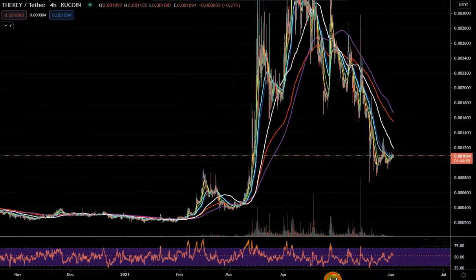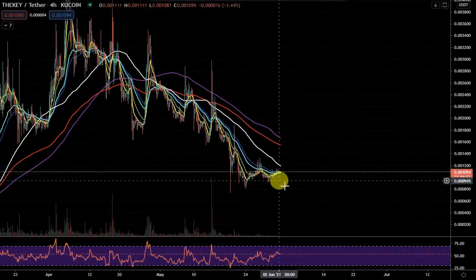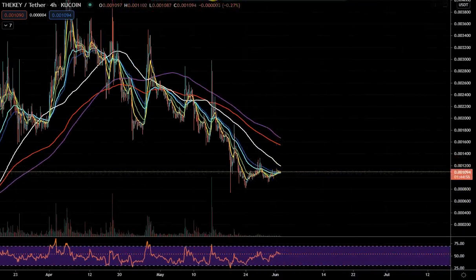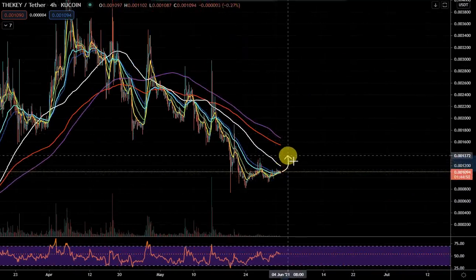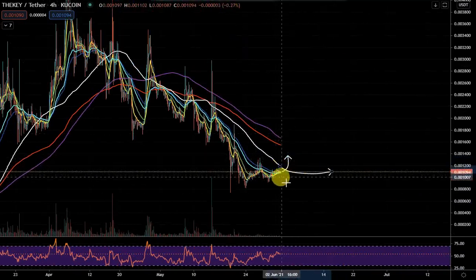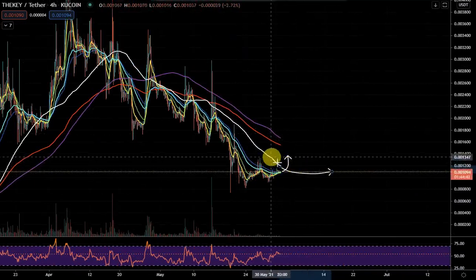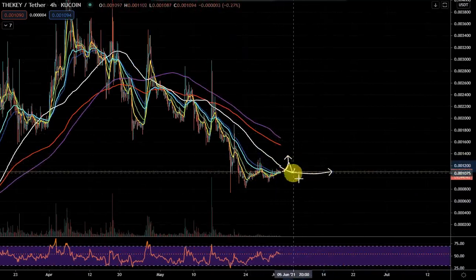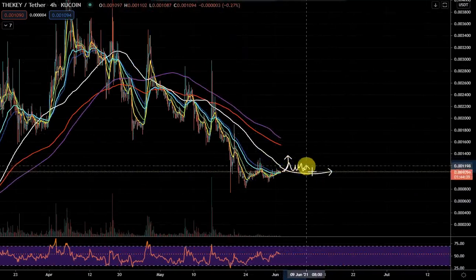Personally, when you get into this white 100 moving average, I do like sometimes to play that little pop. You can get a little pop from here. But what I like to see is this white 100 moving average curling down and price getting above this, and it'll usually consolidate here.